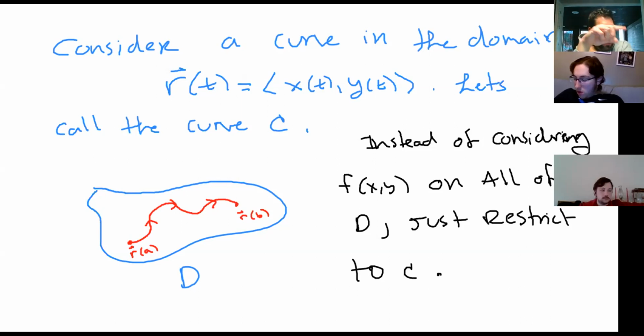So again, imagine that D is sitting somewhere in the plane, that's the domain. And what we know is if we plug any point in D into the function, it has an output and there's a surface above it. But we're not interested in that surface per se, we're only interested in that part of the surface that comes from plugging points in the curve into the function.